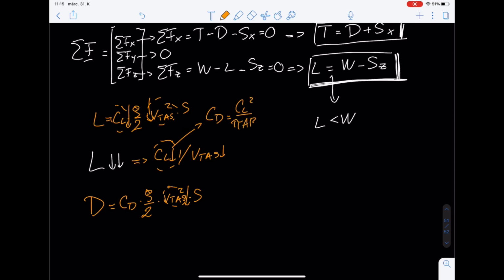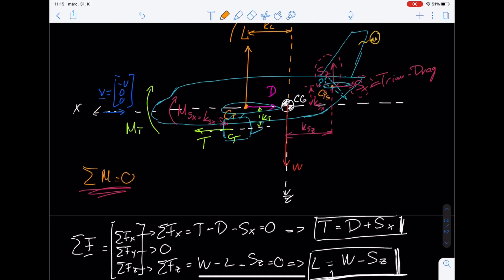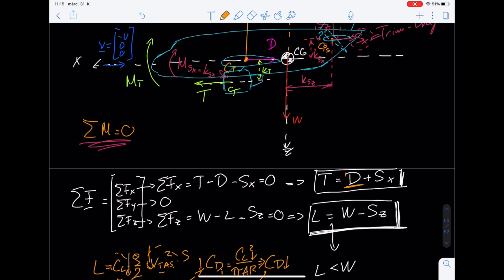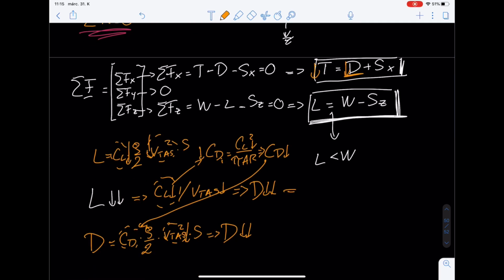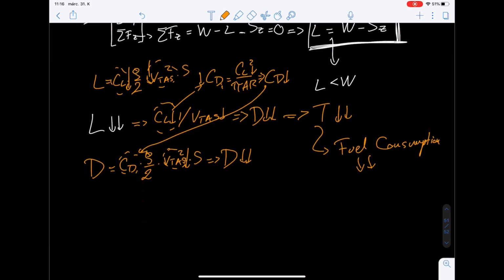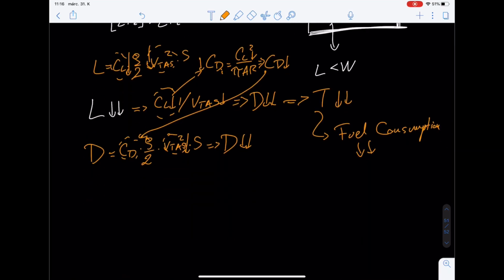So therefore, altogether, the drag coefficient is going to decrease as well. In which case, I can see that the drag is also going to decrease, right? So if the drag decreases on this picture, in that case, the thrust can decrease as well. In which case, the fuel consumption altogether decreases.